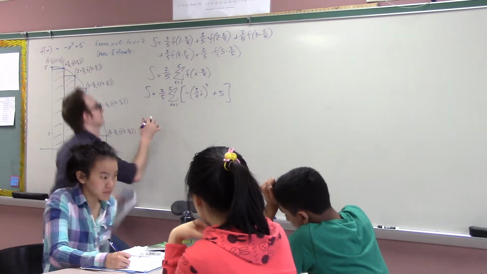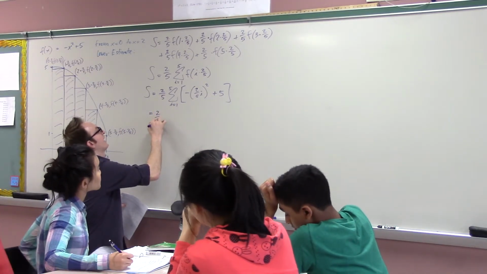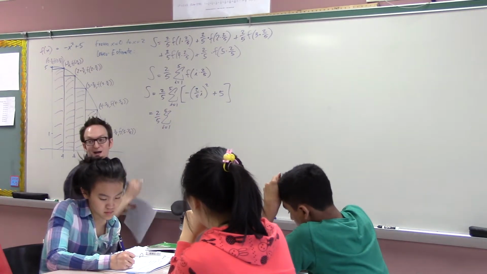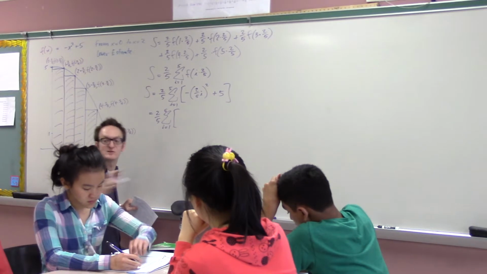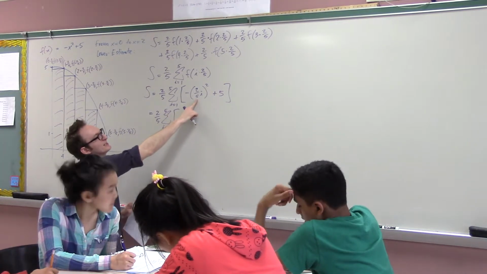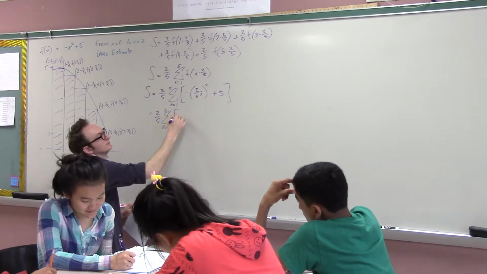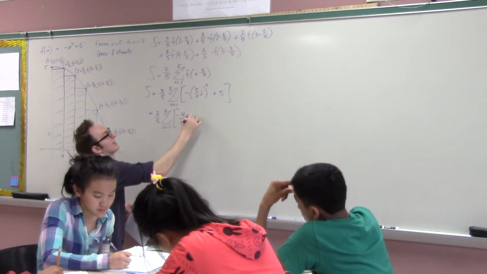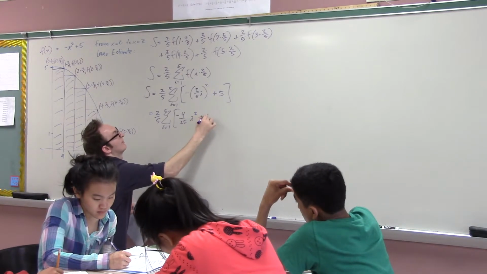Multiply this out. What do we get? 2/5 times the sum from I equals 1 to 5 of, do it. What is this? Negative 4/25 I squared plus 5.